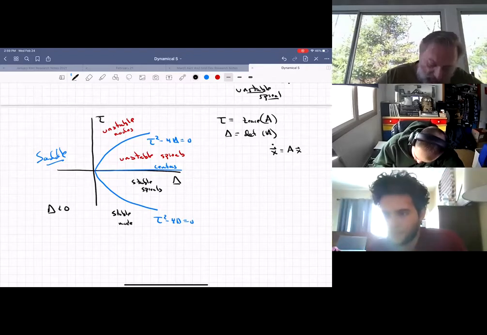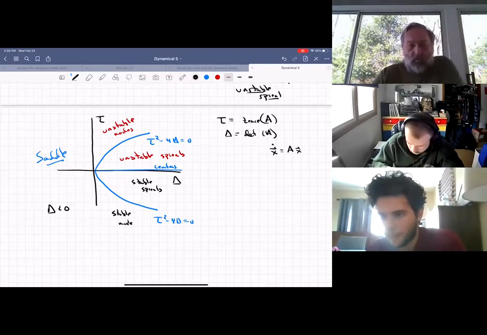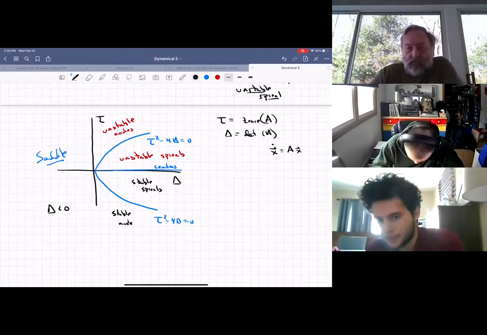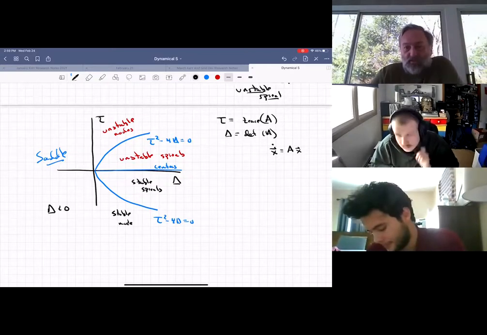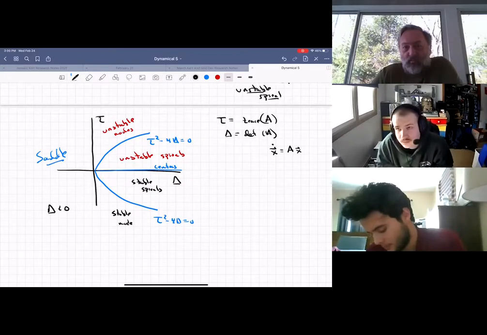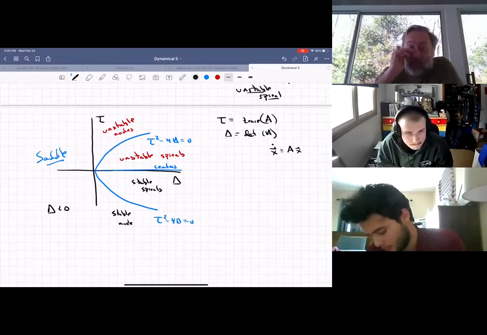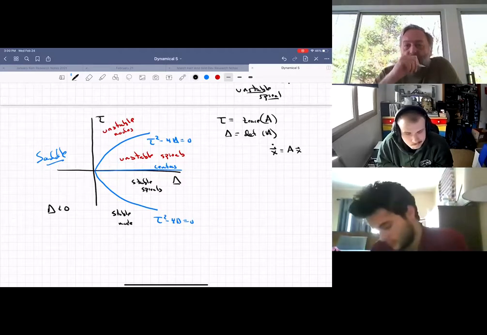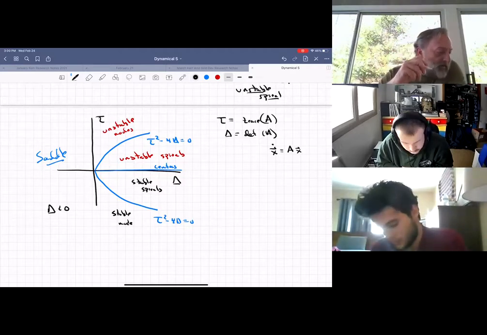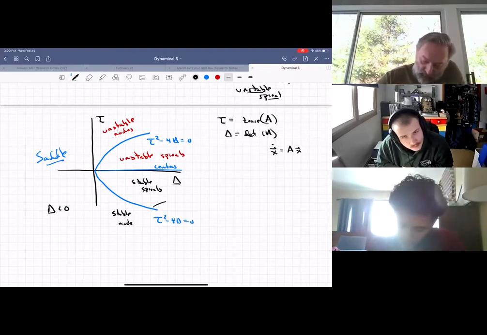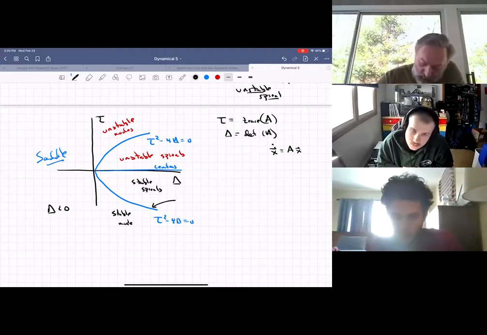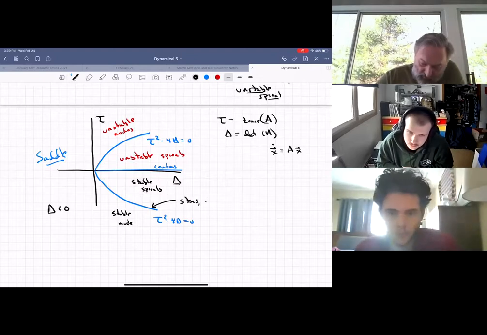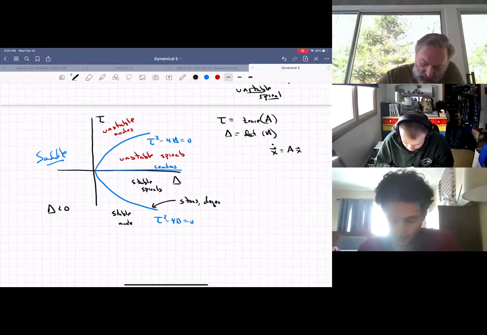Anywhere where tau is negative, you end up with a stable situation, things flowing towards the origin. Anywhere where tau is positive, you have an unstable situation where you're flowing away from the origin. And then this line here works out to be stars and degenerate nodes.